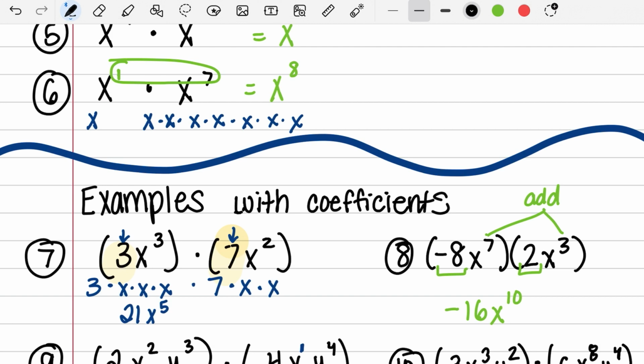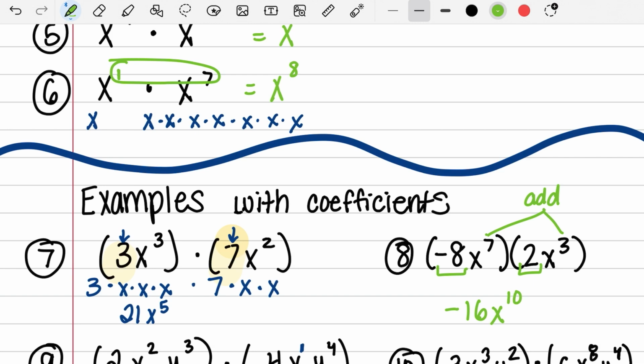Pause this video, test this last one out, and then you're done. So for your final answer, hopefully you got 18 x to the 11 y to the 6. And that's it for real this time.